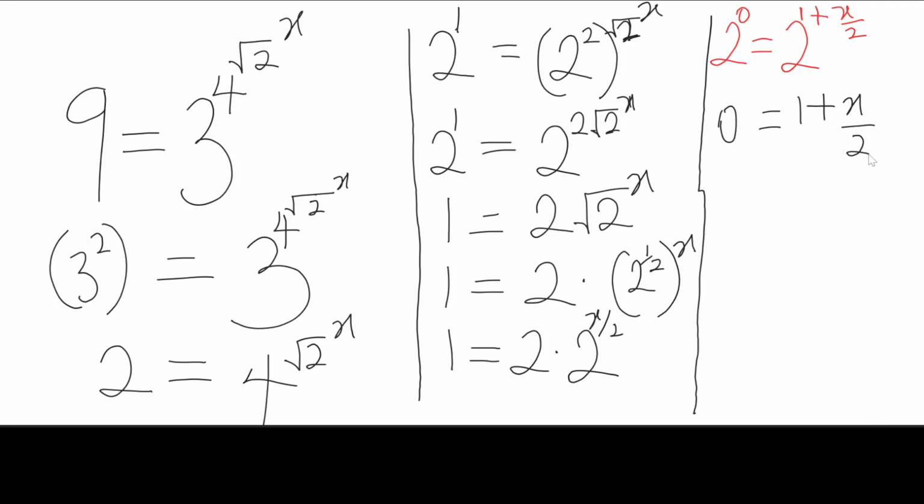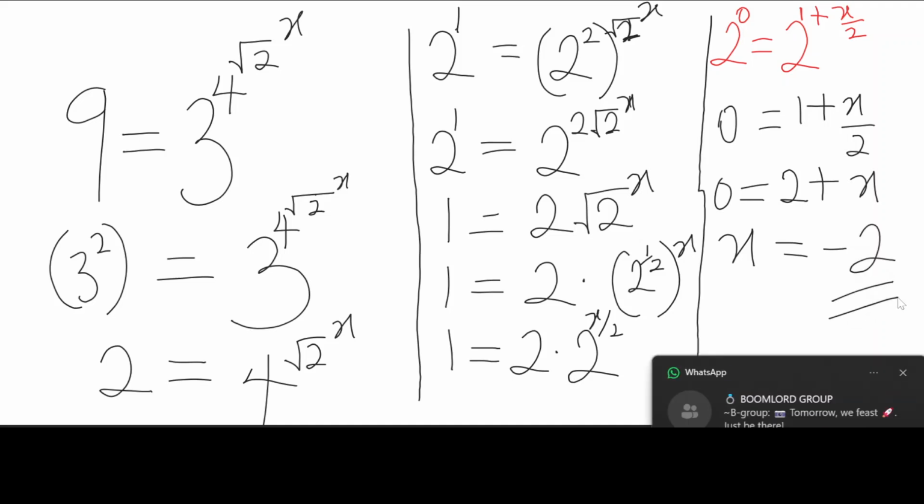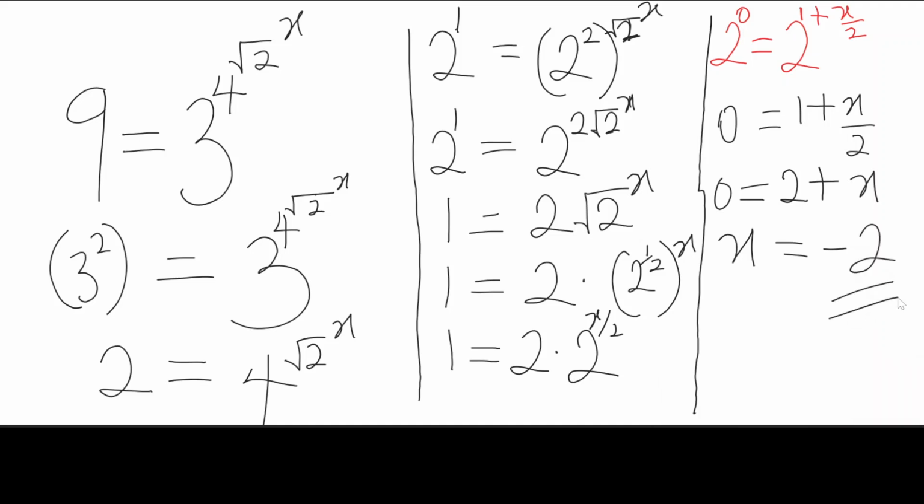Of course, we can solve this. Multiplying through by 2 gives 0 equals 2 plus x. And of course, we have x equals negative 2. So the final answer: x equals negative 2. And that's how you can solve this.